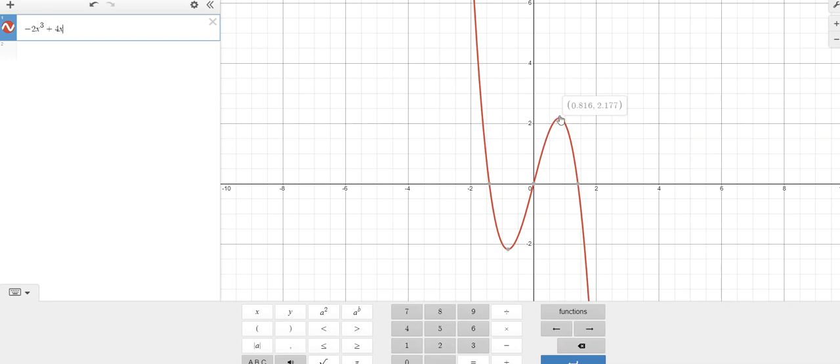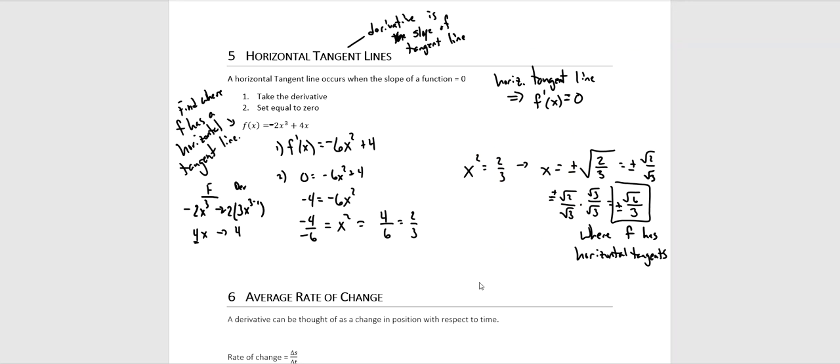Here the graph is going up, and now the graph starts coming down. Again, here the graph is going down. Once we hit our point, negative square root of 6 over 3, now the graph turns around and goes up. So this is going to be a really important location for us to know as we do more here. So this whole idea of finding horizontal tangent lines, big, big, big.